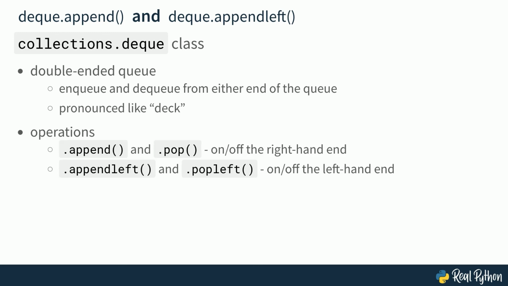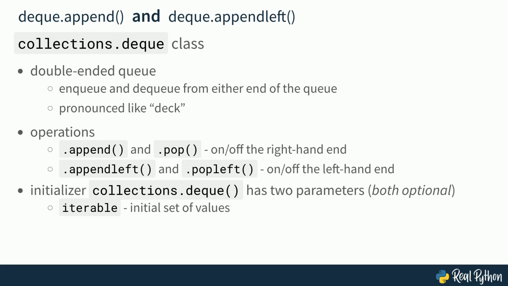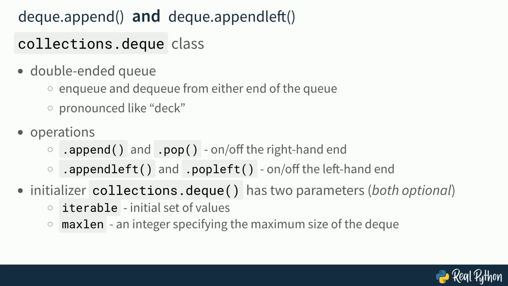You can perform the operations using pop and append to dequeue and enqueue off the right-hand side, and pop left and append left to dequeue and enqueue off the left-hand side. Its initializer takes two optional arguments, an initial queue and the maximum size of the queue, should you want one.